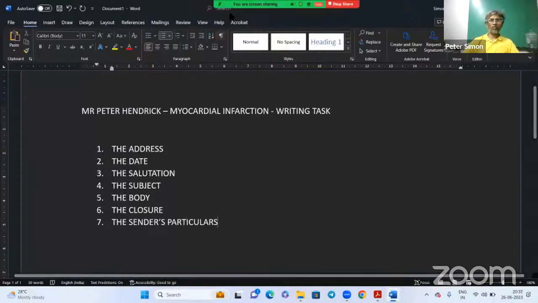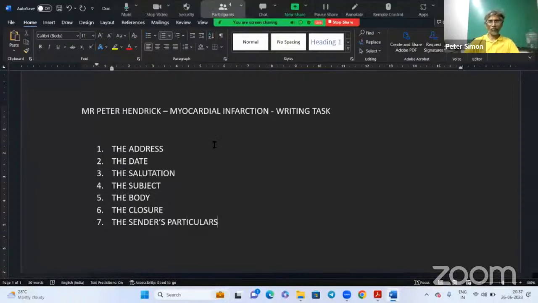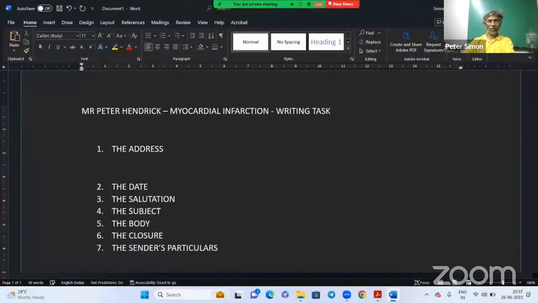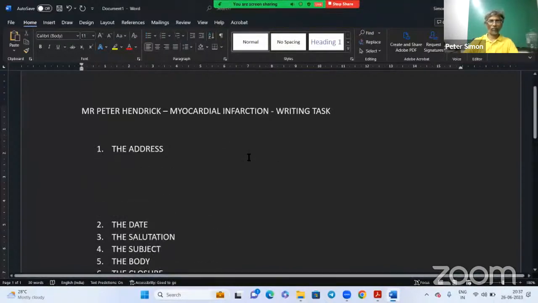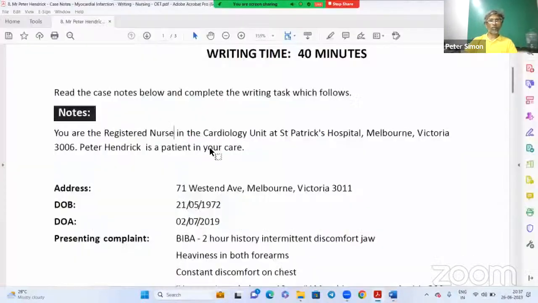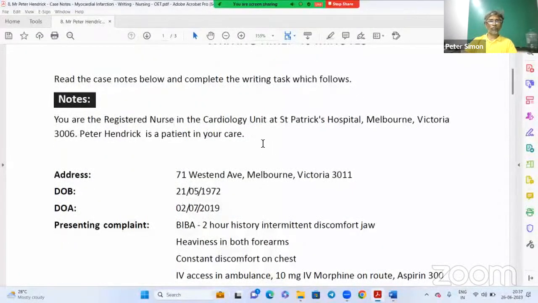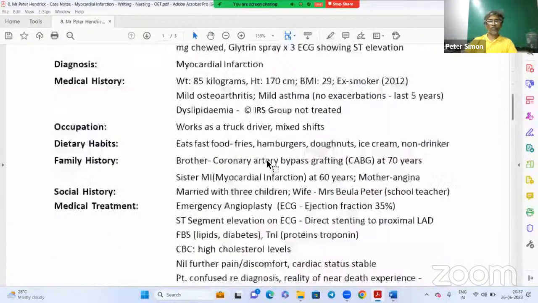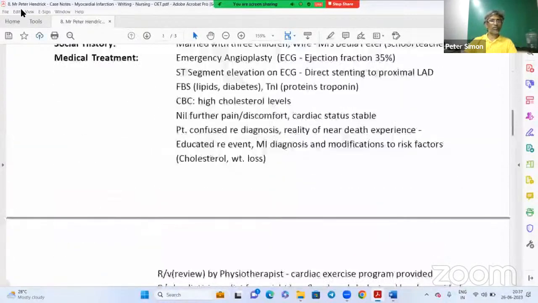We'll deal with this one by one. First one will take the address. So let us take the address here. Okay, go through the case first.